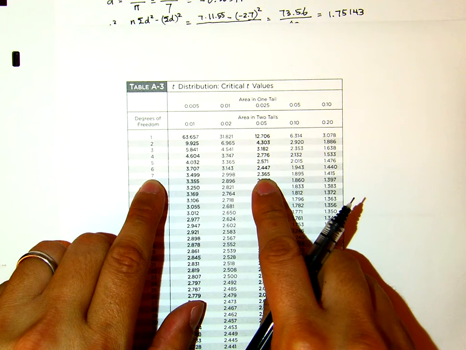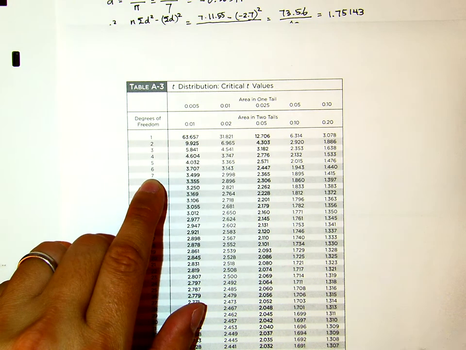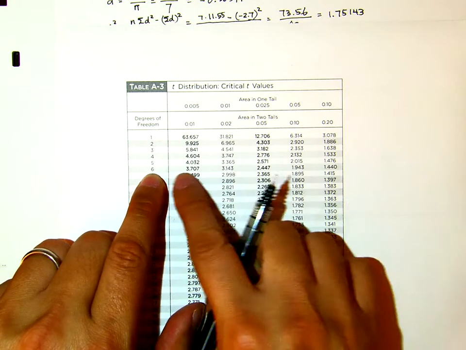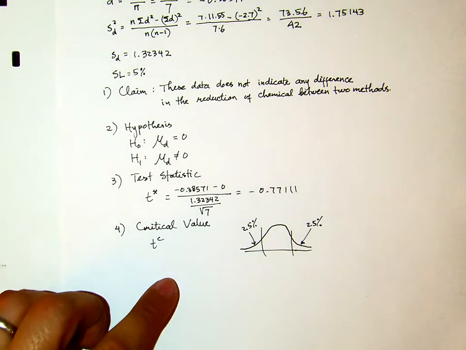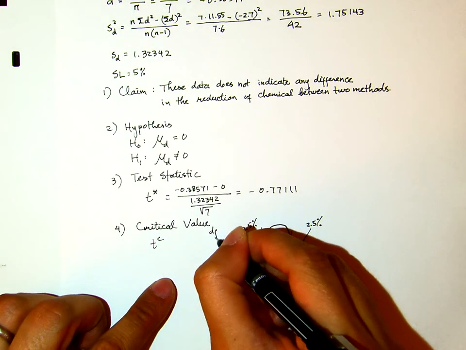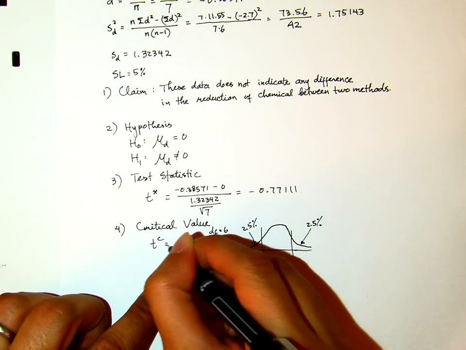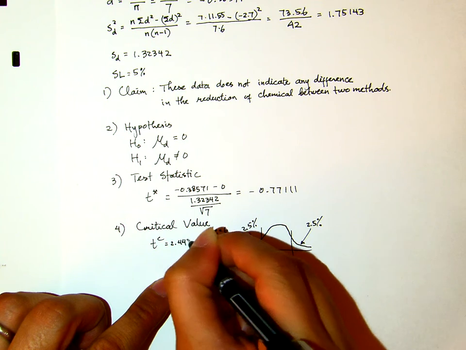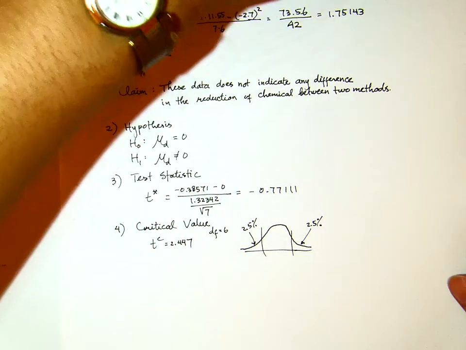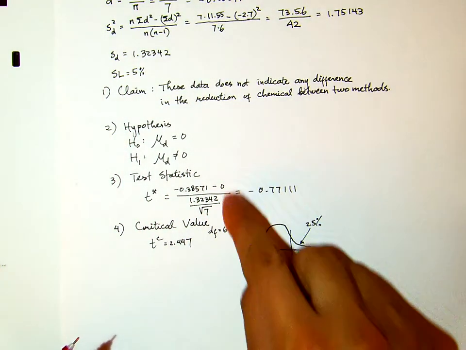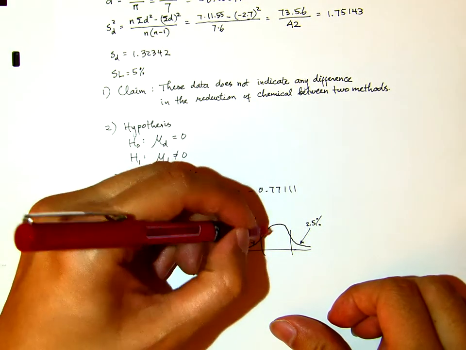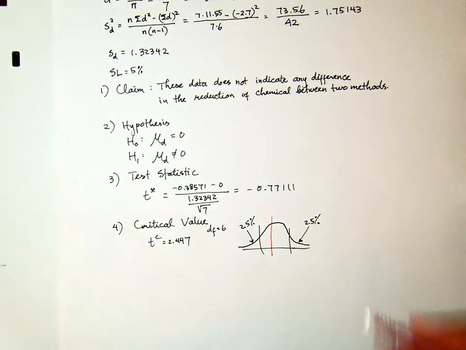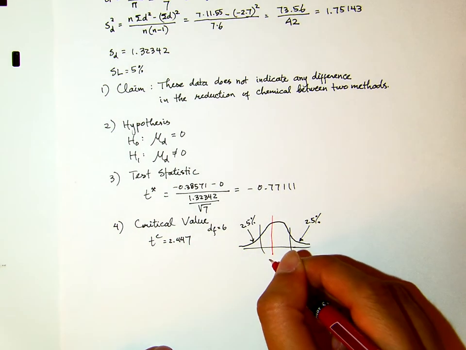The degree of freedom is, hold on, 6. The degree of freedom 6 gives 2.447. Now clearly we can tell already that this is not far enough from 0.